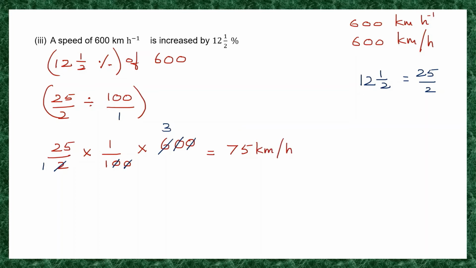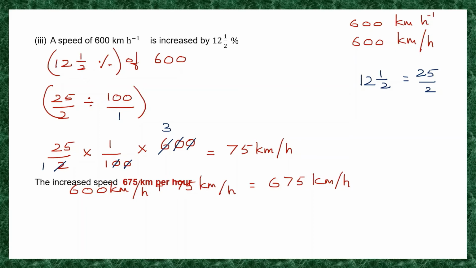Now, if I have to increase 600 kilometers by 75 kilometers, I have to add it. So, 600 kilometers per hour plus 75 kilometers per hour. 600 plus 75 is 675 kilometers per hour.